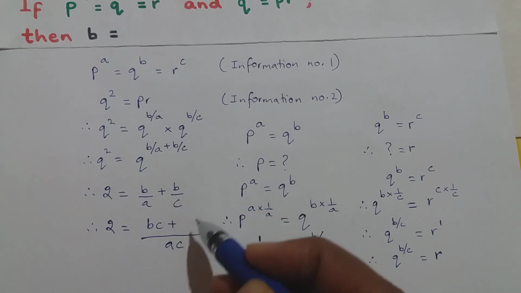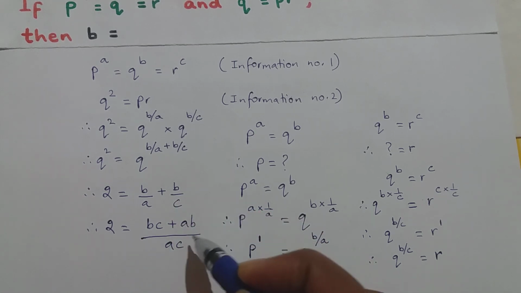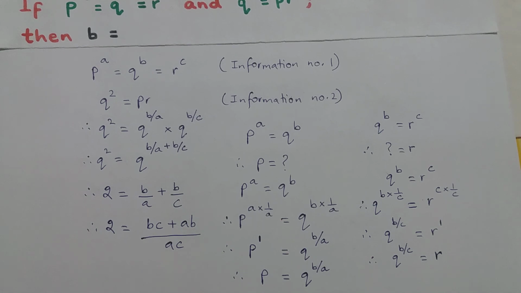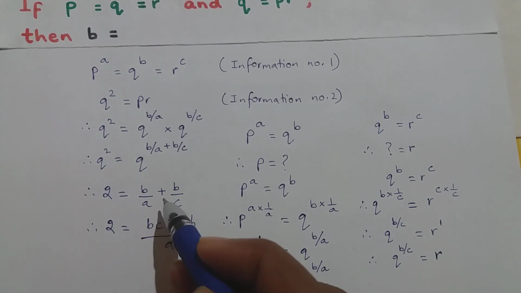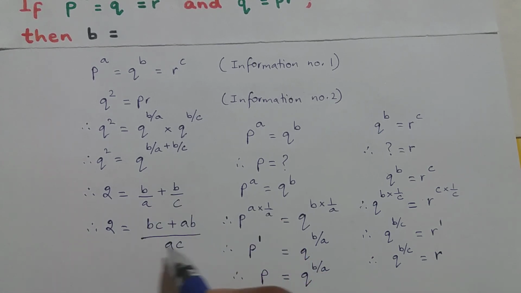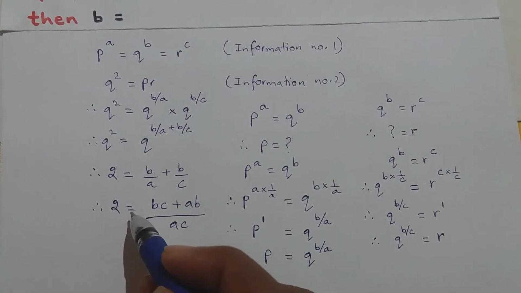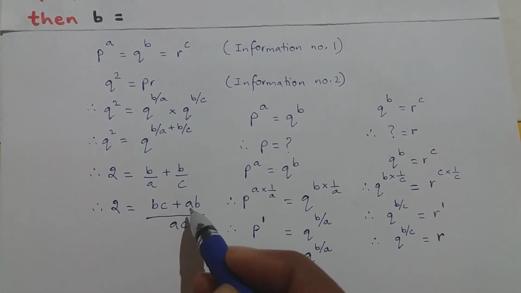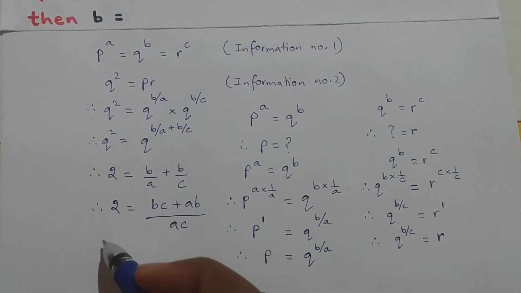So b into a is AB. So I will write AB in the numerator. So b by a plus b by c becomes BC plus AB upon AC. So 2 equals BC plus AB upon AC.